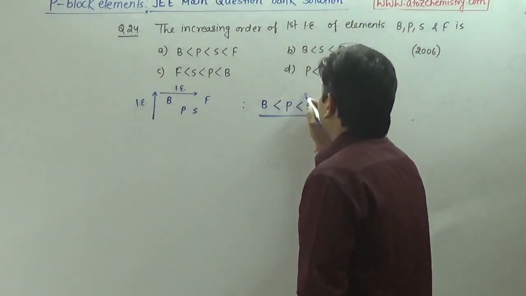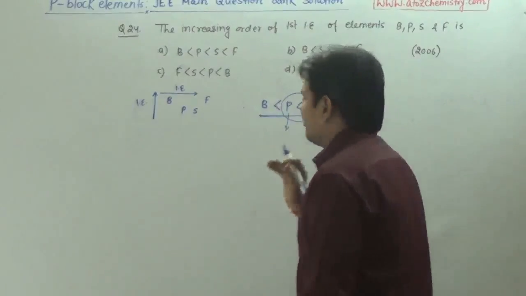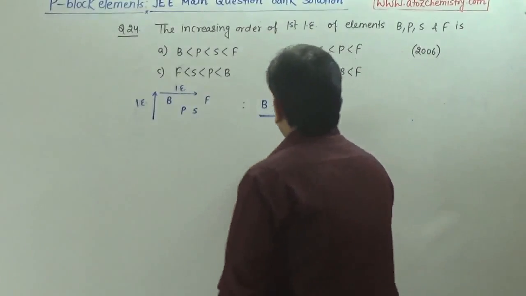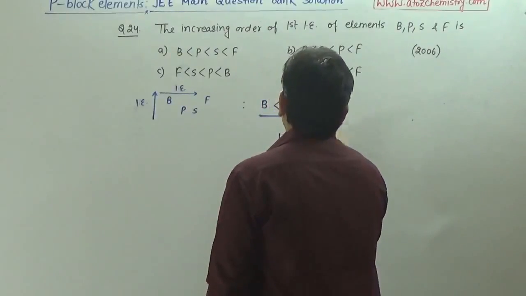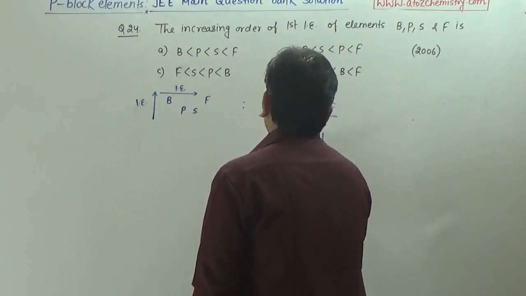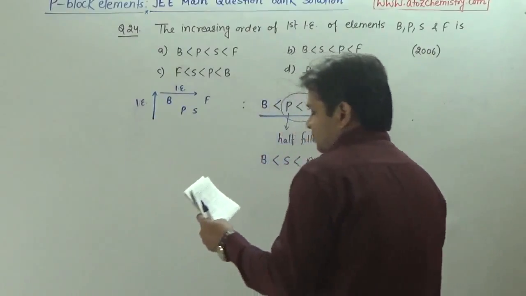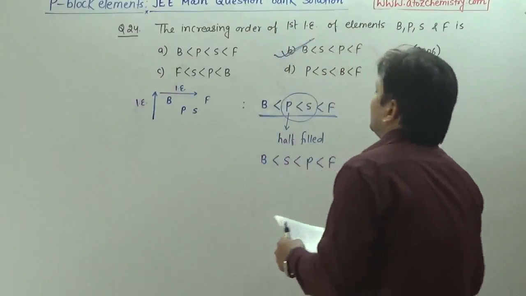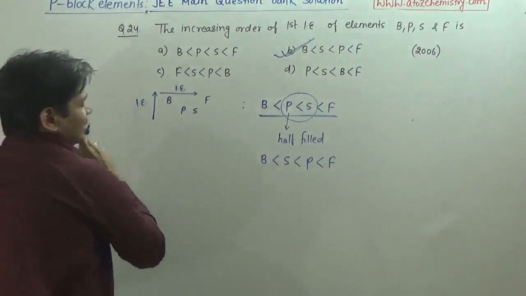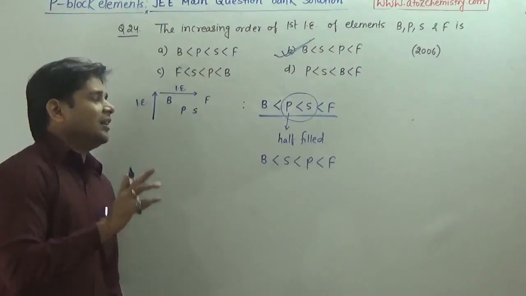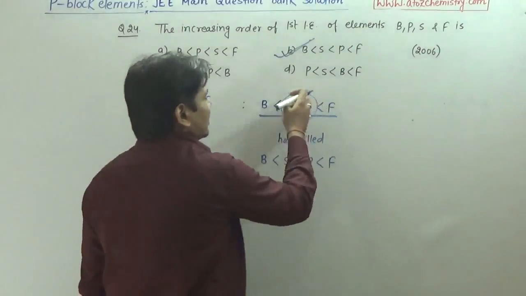However, at adjacent positions there may be a difference due to electronic configuration. Phosphorus has a half-filled configuration, and that's why the correct order will be that sulfur has lower ionization energy than phosphorus, so the correct answer is B. First we saw the trend, and then we looked at the electronic configuration stability of atoms at adjacent positions.